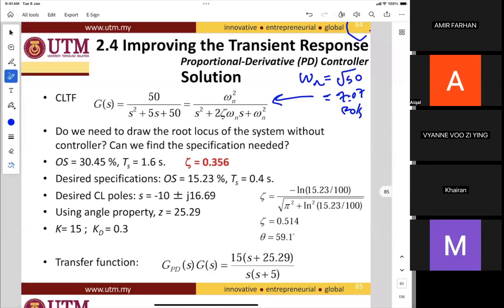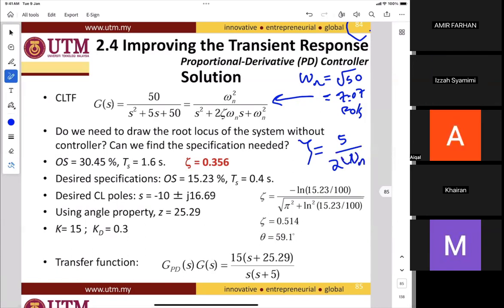What is the zeta value, Vian? 0.3535. Okay, 0.356.